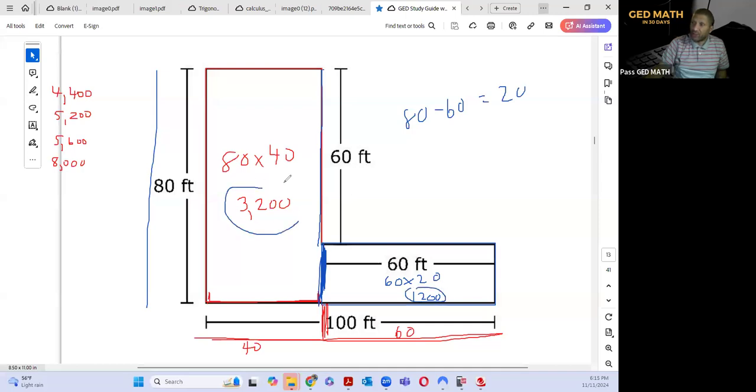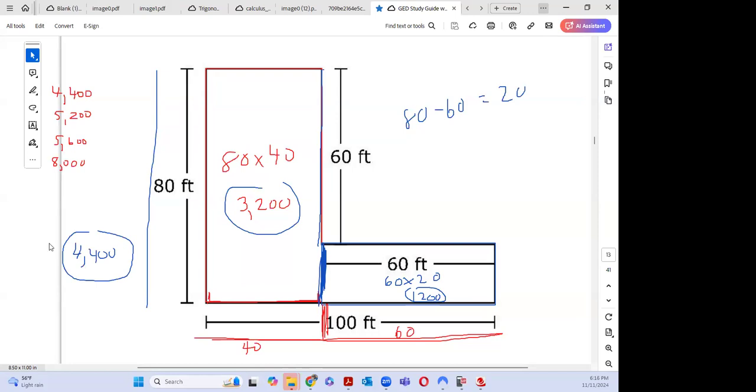The area of the first is 3,200. We add both together, and we got the same answer as previously, 4,400. So I showed you two different ways to find the area of a composite shape. You understand that? Everybody good? Okay, good.